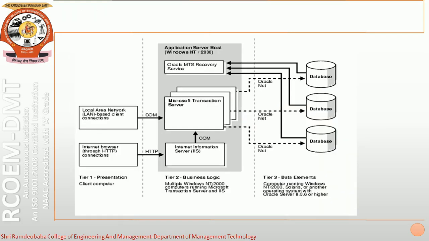Another look: suppose this is your local area network, LAN based client connection, and this is the internet browser connection, and this is one of the examples from Microsoft. So we can see the databases and how the application server works.